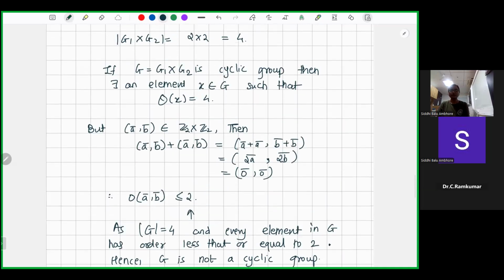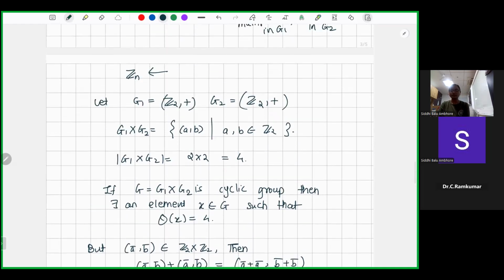Okay, here when we said this, the GCD of the order of G1 and the order of G2 was 2. And instead of Z2, you could have taken any multiple of 2 as G2. I mean, Zn, where n is a multiple of 2. That group will again have size 2n.